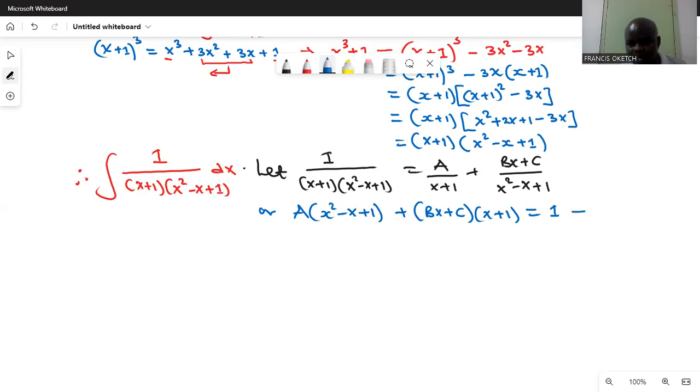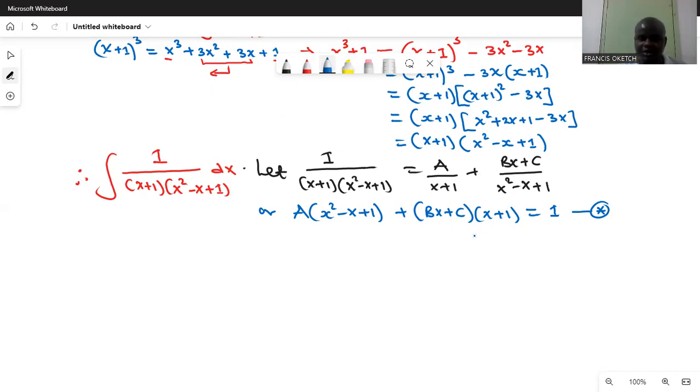So I can call this equation star, so that we need to find the values of a, b, and c. Now, how do we find them? There are two methods. The first method, you could expand everything on the left-hand side and then equate the corresponding coefficients, left and right-hand side.